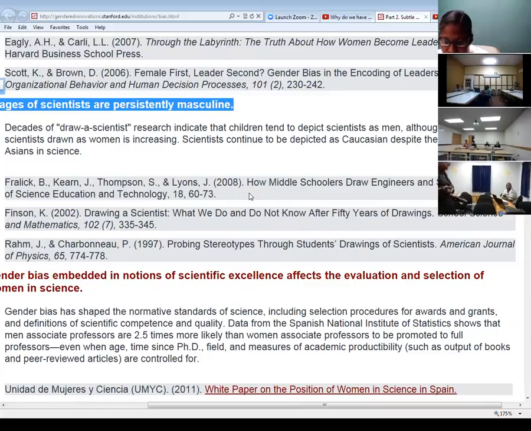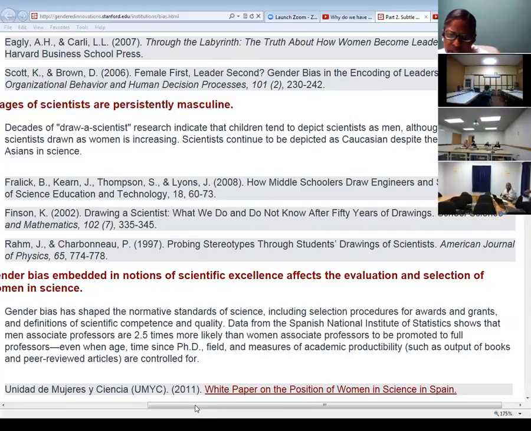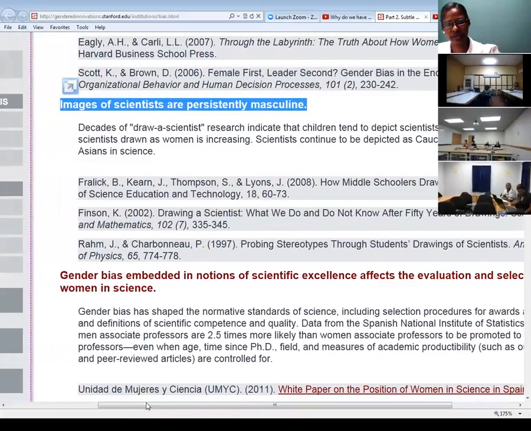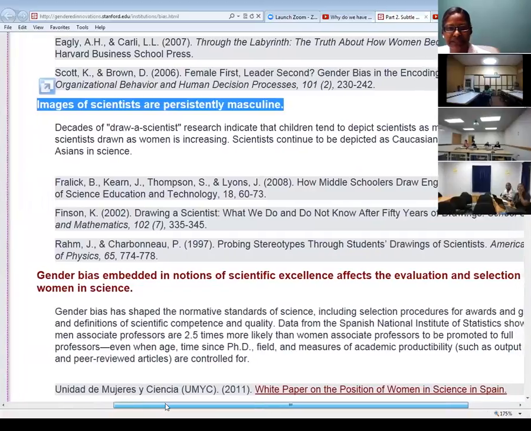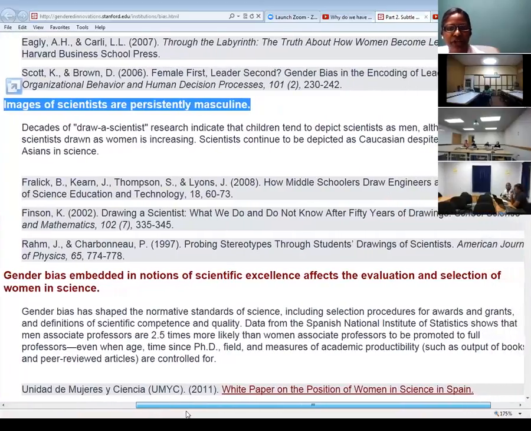Jason is free, and you all are, to find out a little bit more. They have the journal articles where to source it. What do you think about that? That scientists tend to be depicted as masculine. Do you have anything in your curriculum that talks about scientists in grade 7?